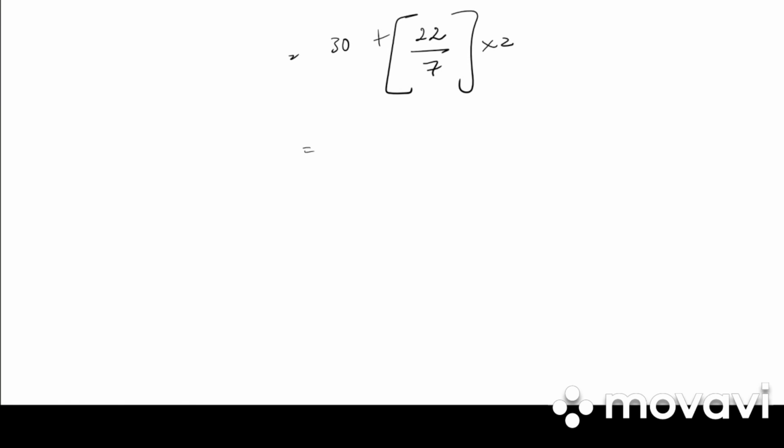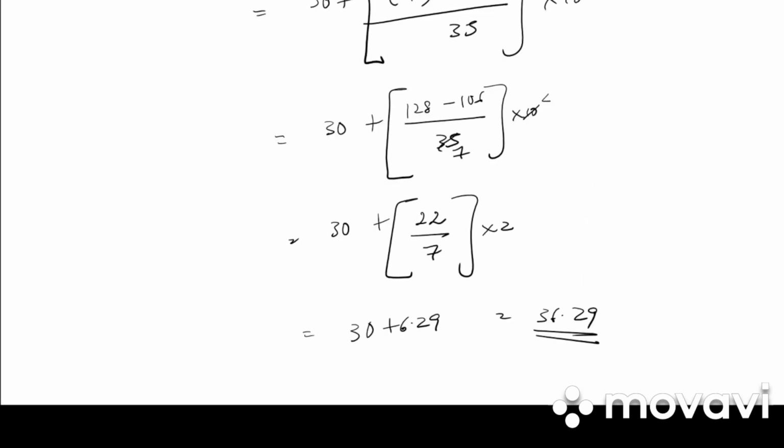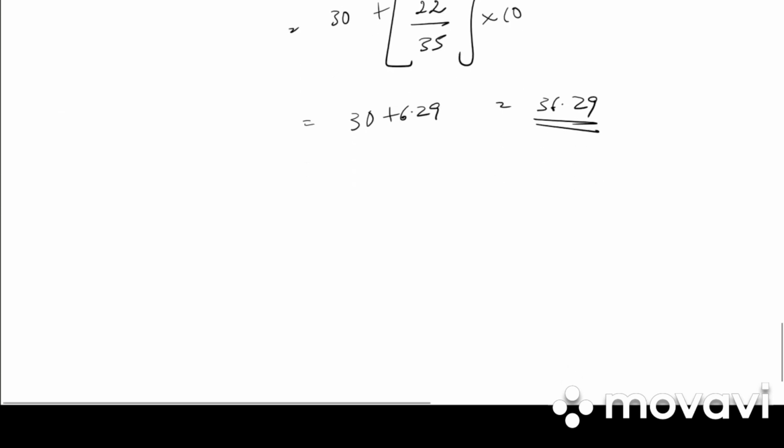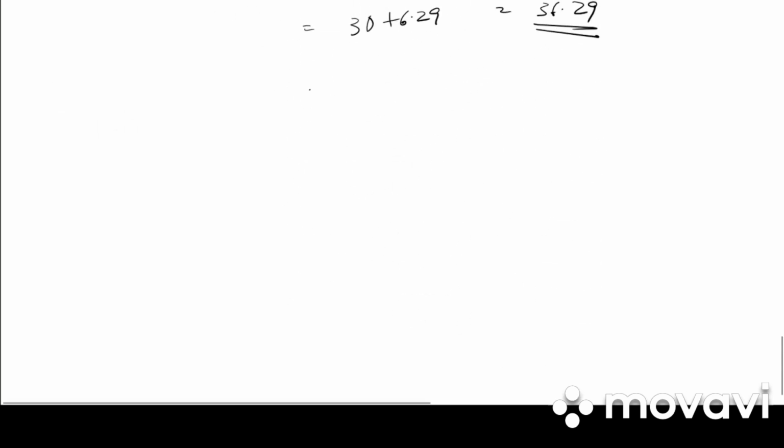So it will be 30 plus 6.29, 36.29. If you don't need to simplify it before, you can just write 22 divided by 35 into 10. You will anyway get the same answer. It is 30 plus 6.29, that is 36.29. Therefore, D8 is equal to 36.29.